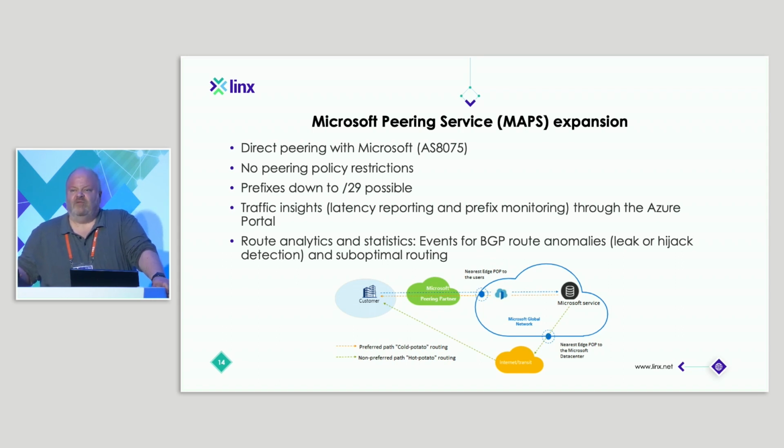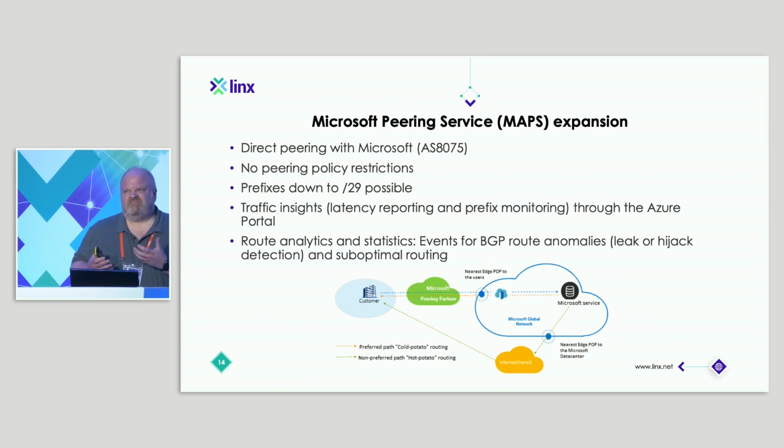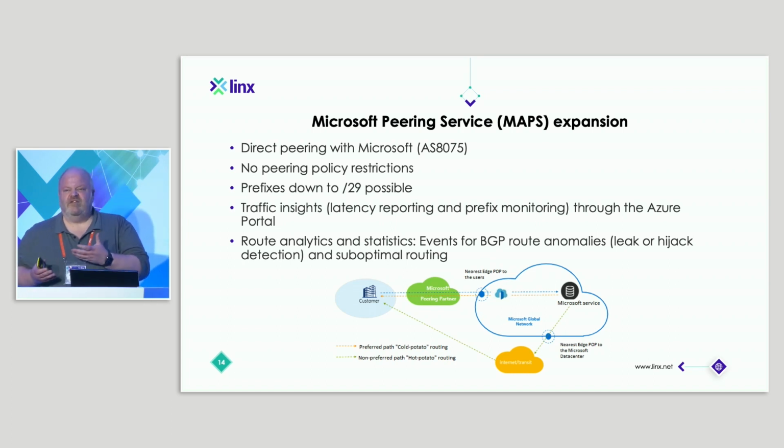It's really one of their ways to, I guess, make their life easier, since it uses exchanges and a small number of other partners to help them with the number of peering requests that they get. It also means there are no peering policy restrictions that apply.